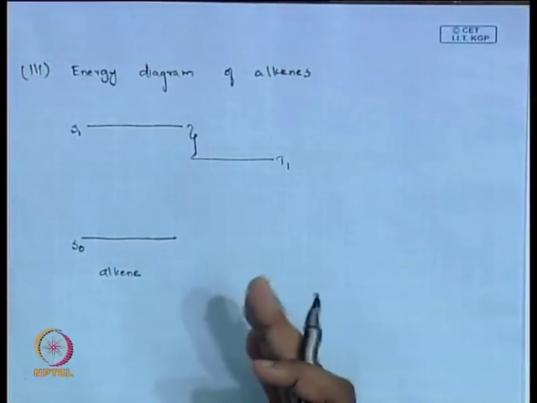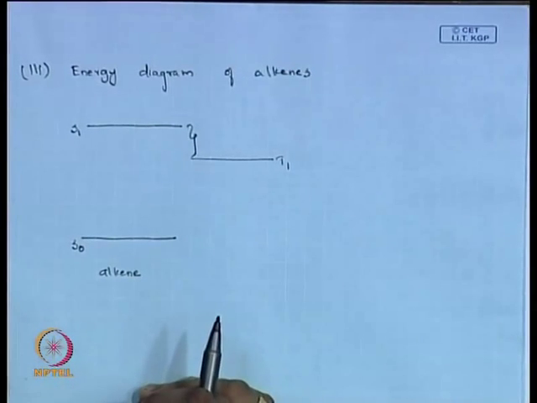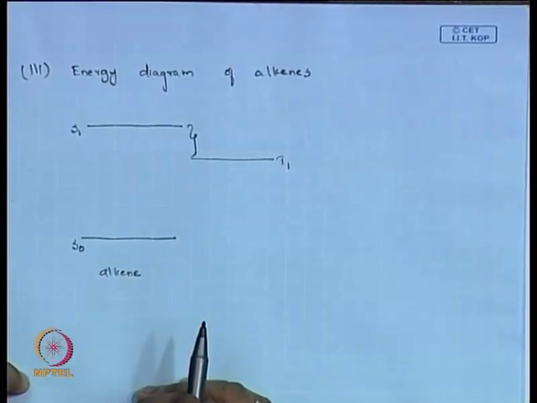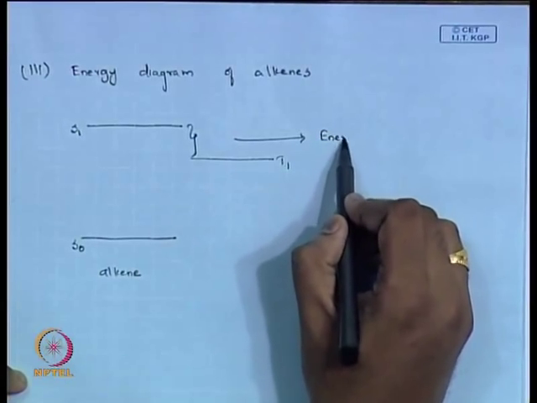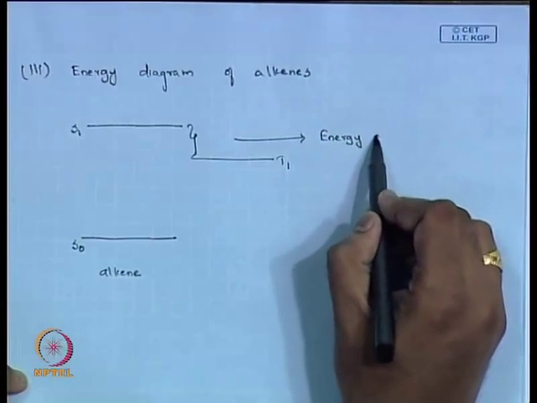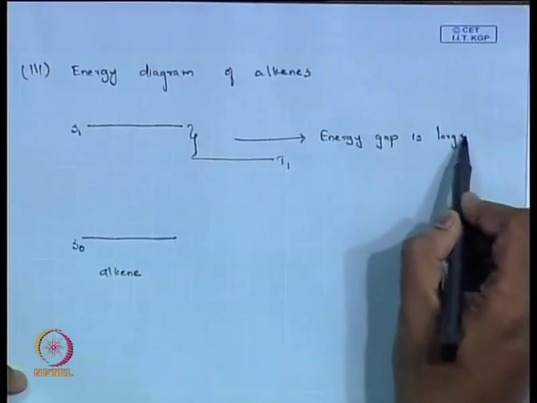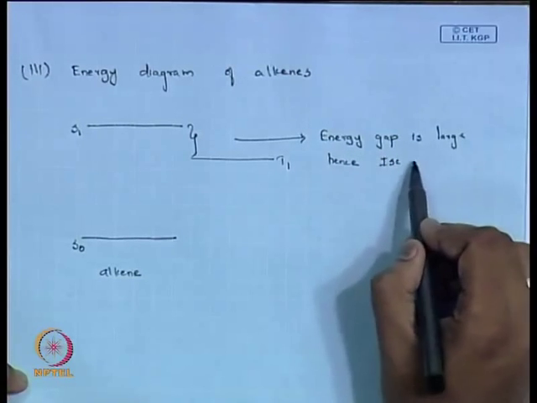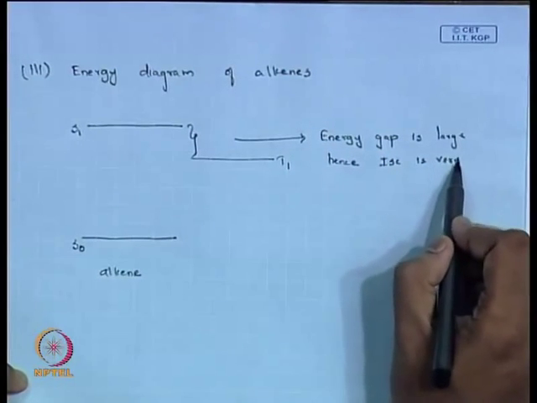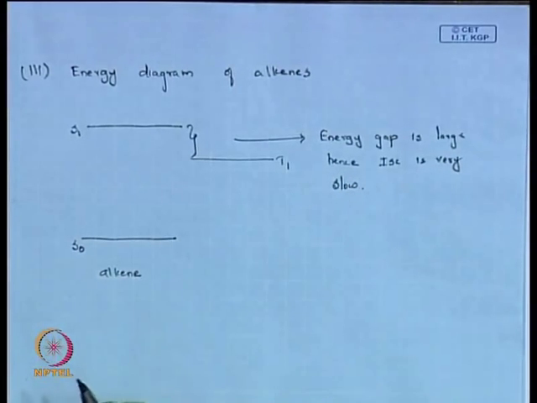Most of the time your pi star energy gap is always larger than that. So, what does it say? It says that my intersystem crossing will be very slow, right. The energy gap is large, so intersystem crossing is very slow. So, this can be one observation.